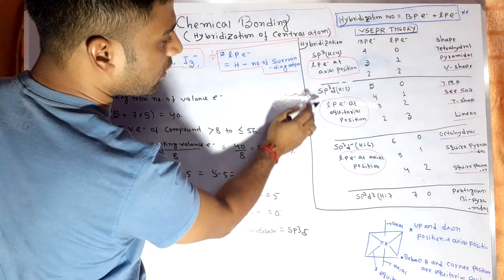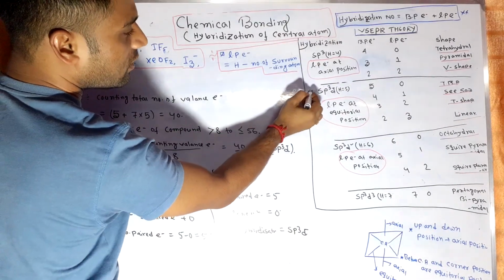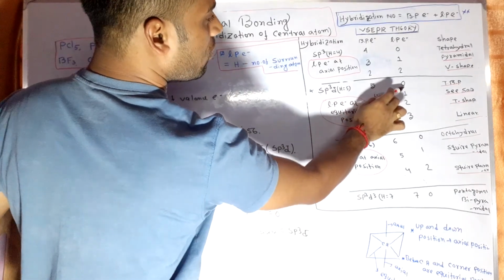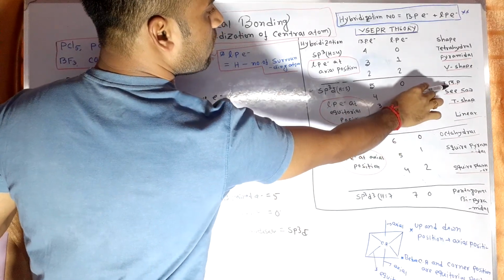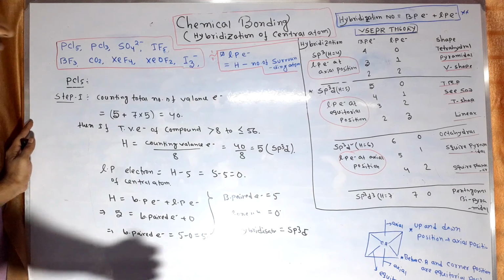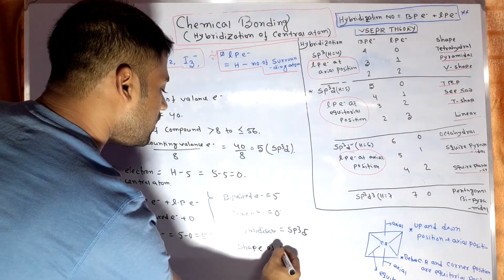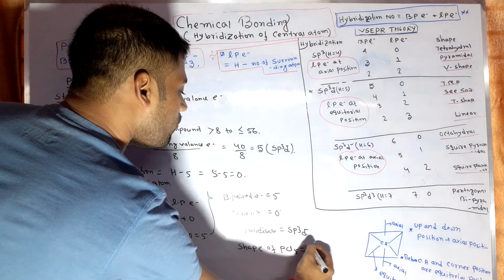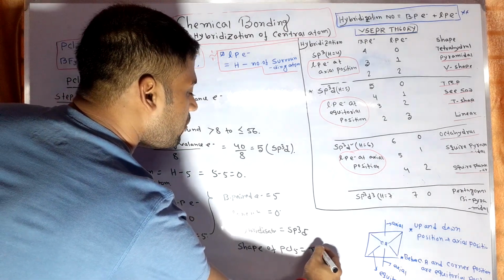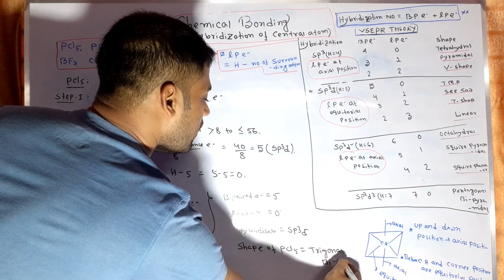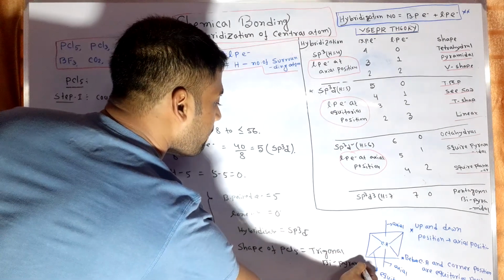Hybridization name sp3d, bond pair 5, lone pair 0. Then the shape of the molecule is trigonal bipyramidal. So the shape of the PCl5 molecule is trigonal bipyramidal, that means TBP.